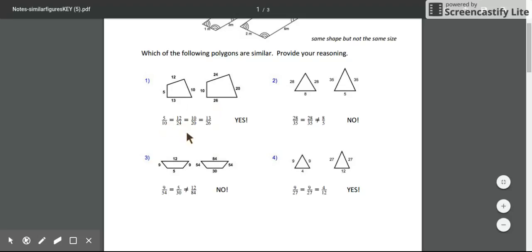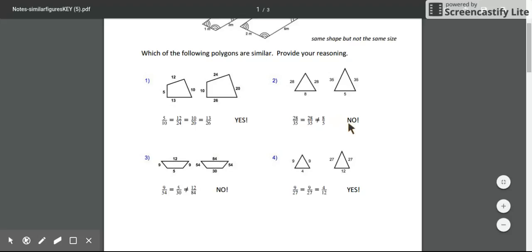So make sure that these are all equal ratios. Reduce if you need to, or maybe you can visualize it in your head. But a 5:10 is going to reduce to a 1:2, as is 12:24, 10:20, and 13:26. They're all a 1:2 ratio. So because they're all equal, these shapes are said to be proportional, and they are similar.